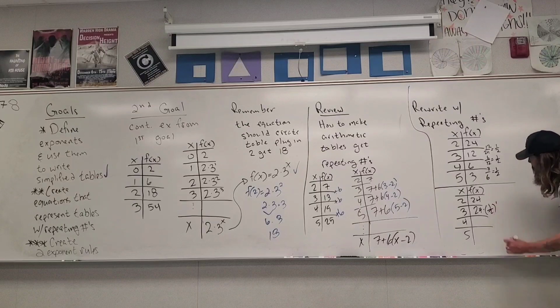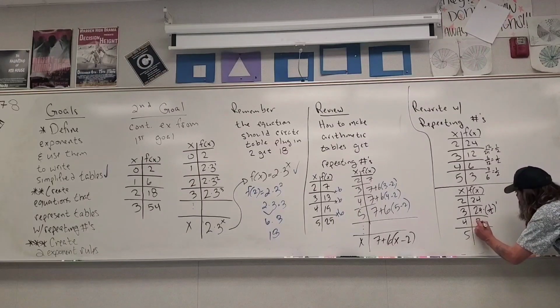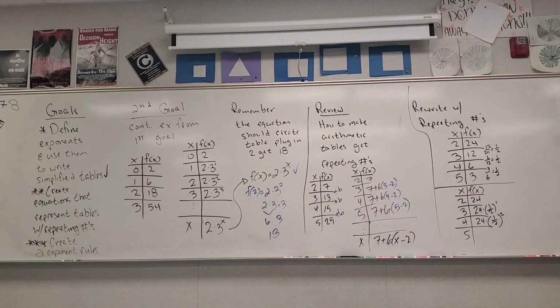Once. And to go from 24 to 6, I have to multiply by 1/2 twice. So this is going to be 24 times 1/2 to the second power. And to go from 24 to 3, I have to multiply by 1/2 3 times.